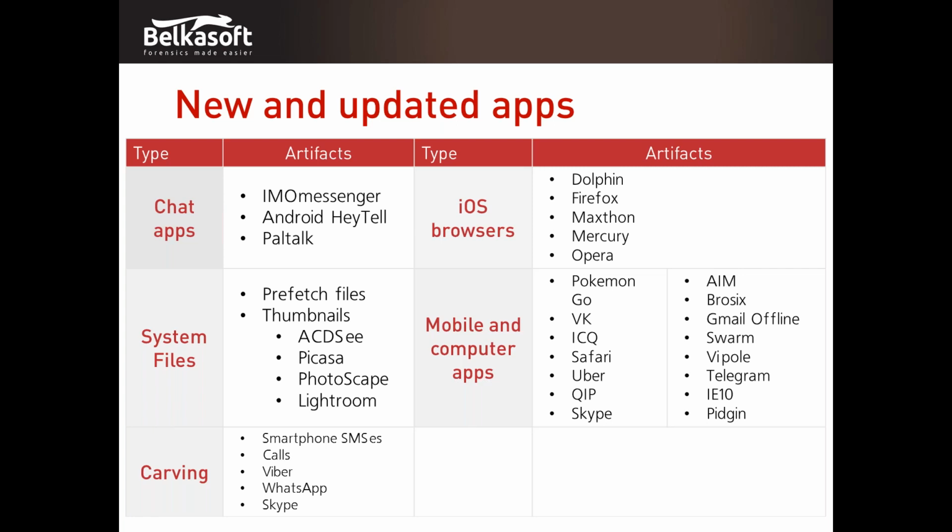There are a number of updated and new computer and mobile applications which we extract out of the box, such as support for Uber, better support for Internet Explorer 10, better support for Telegram, support for a new version of Skype, and some others. Also, carving and recovery of deleted data was improved for some mobile phone related applications such as SMSs for smartphones, calls, WhatsApp, and others.